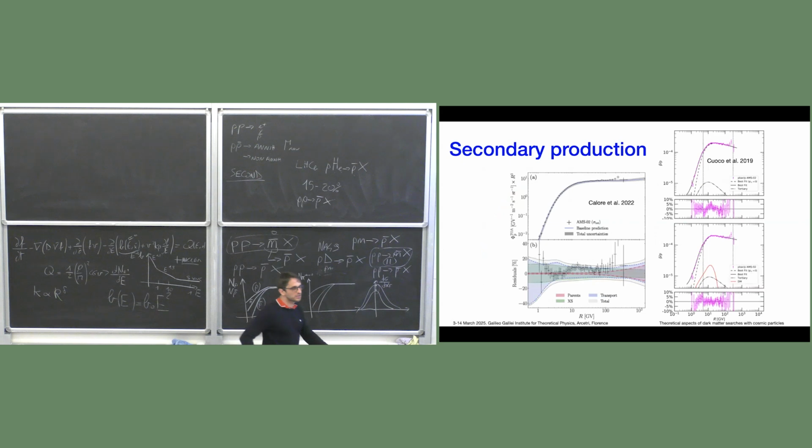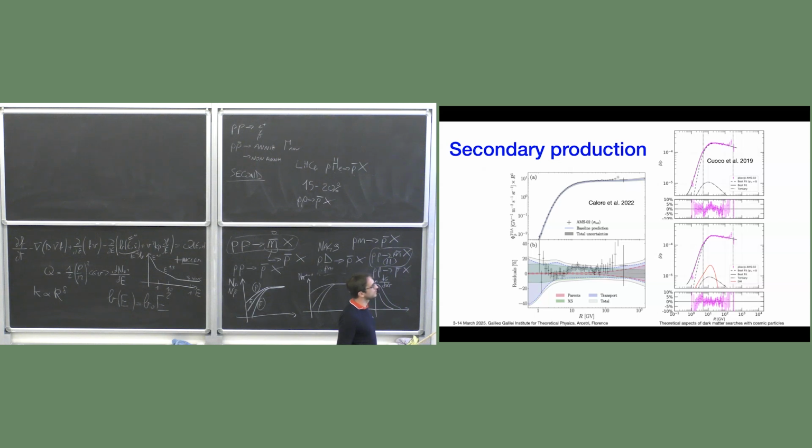And here you see other two papers. In particular, in this one, you can see the ratio between the data and the best fit of the secondary production. And there is, in fact, a very small bump at 10 GeV.